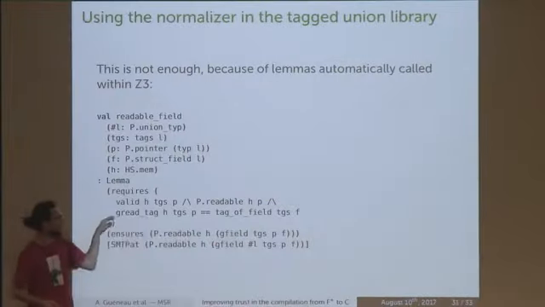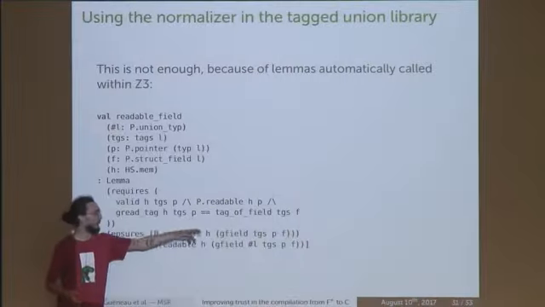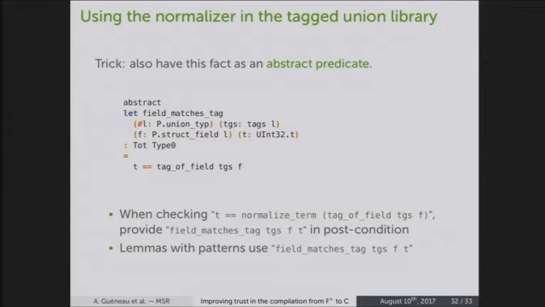And if we just leave that here as it is, it will also not work because in the context, all the instances of tag of field have been normalized upfront by the normalizer. So Z3 will probably not be able to prove that precondition because all the instances of tag of field have disappeared. So one trick we can do is simply to have the fact that a tag matches a field as an extra abstract predicate.